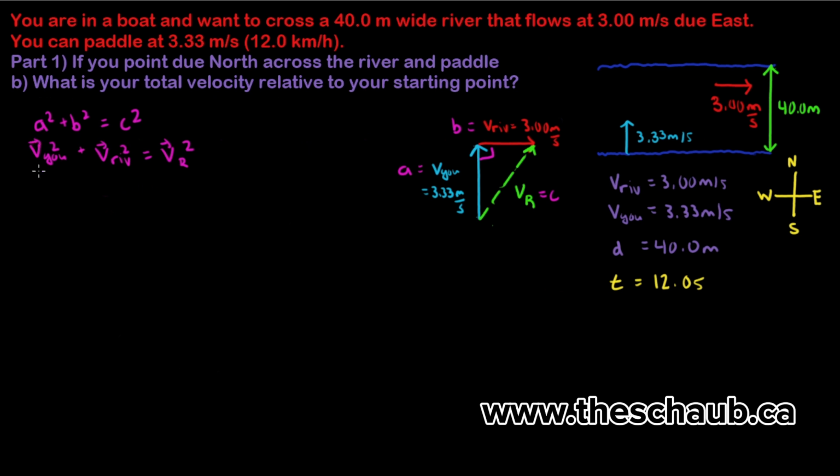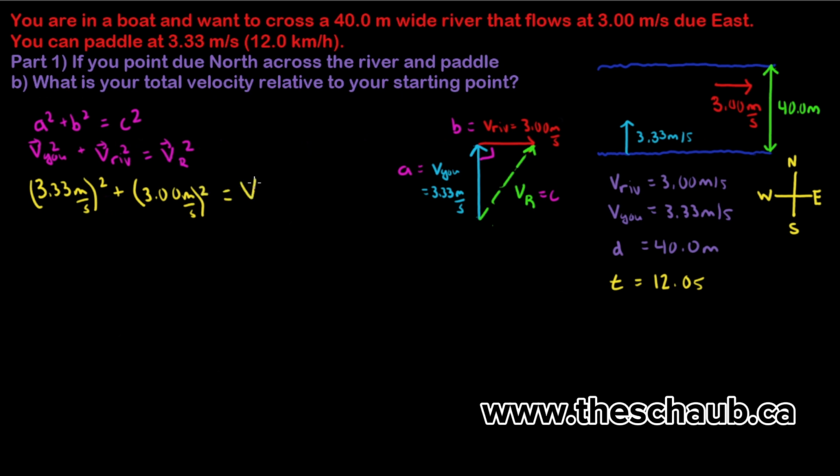We add in our numbers. Our velocity of U paddling is 3.33 meters per second, and this is squared. And we add it to the velocity of the river, which is 3.00 meters per second squared.